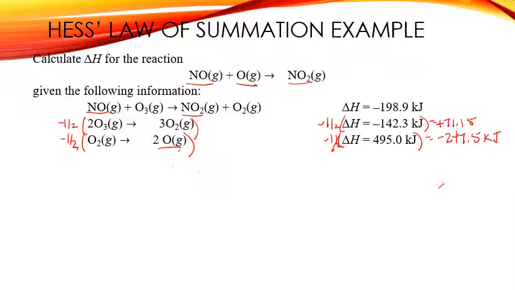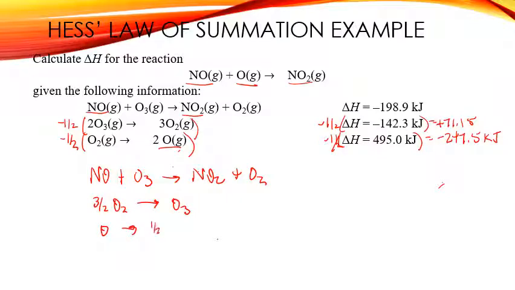And so now at this point I'm ready to solve, but let's go ahead and rearrange our equations just to make sure that we have everything cancel out and have the stoichiometry match. So I would have now 3/2 O2 going to O3, and finally O going to 1/2 O2. So again, only the NO and the NO2 can stay.